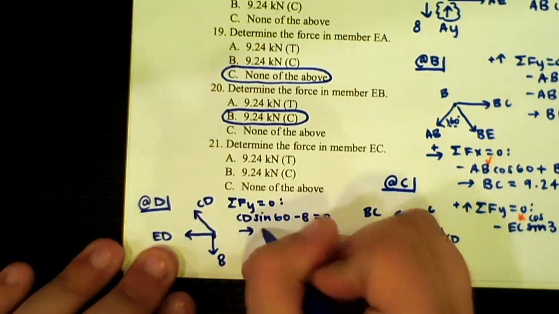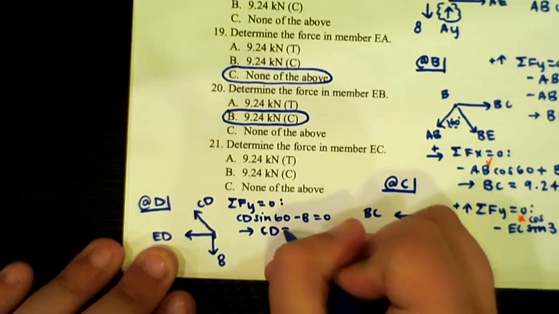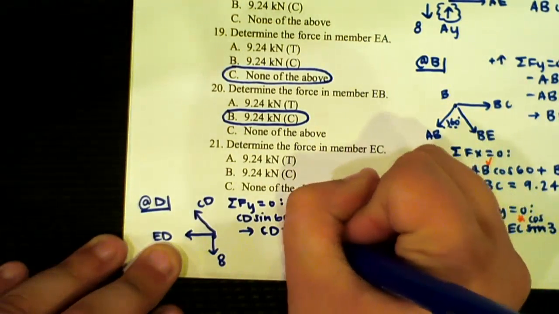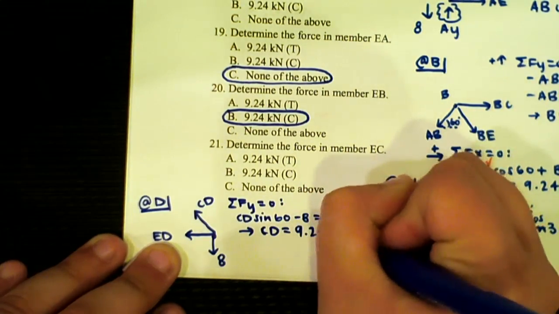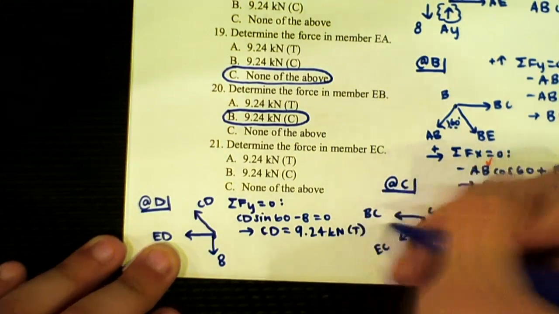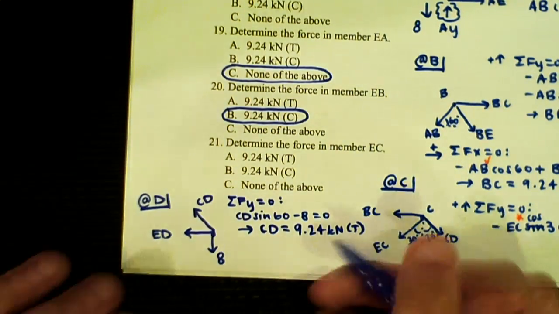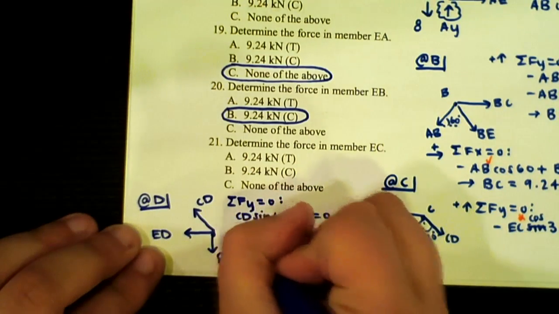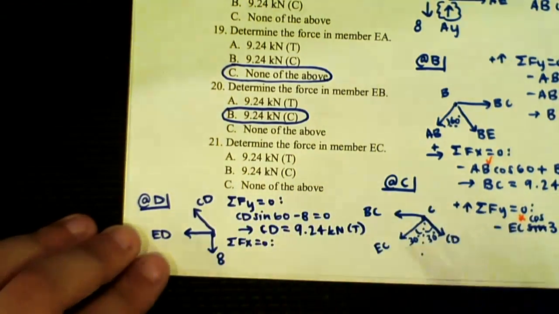So then CD is equal to 9.24 kilonewtons in tension. If you do the sum of forces in the x there, you can find what your ED is.